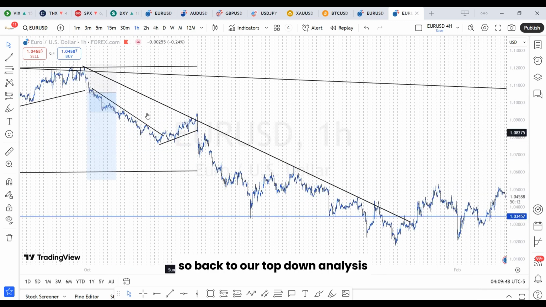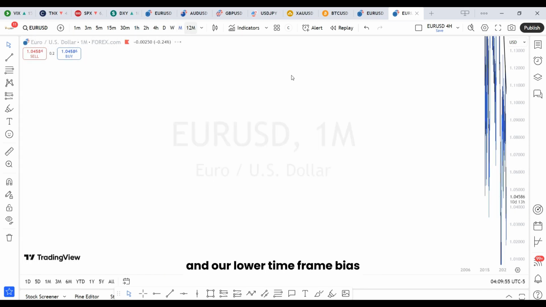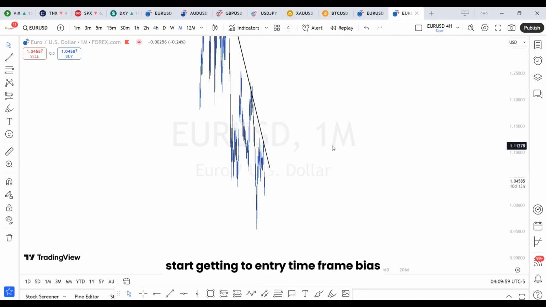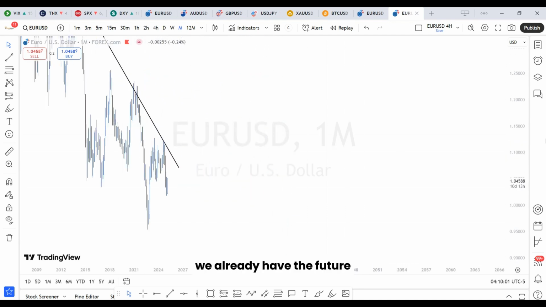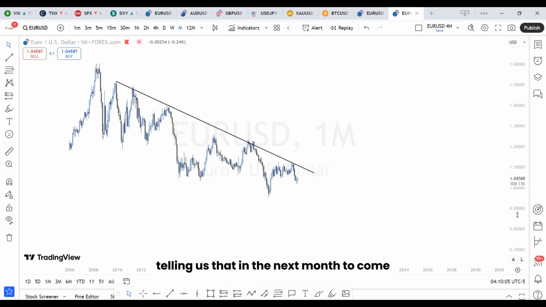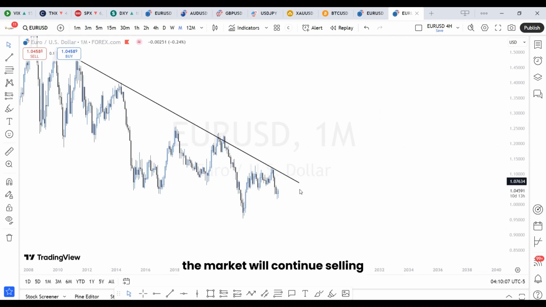So back to our top-down analysis, we can now see that for all our higher time frame buyers and our lower time frame buyers, before we even start getting to entry time frame buyers, we already have the future telling us that in the next months to come, the market will continue selling.